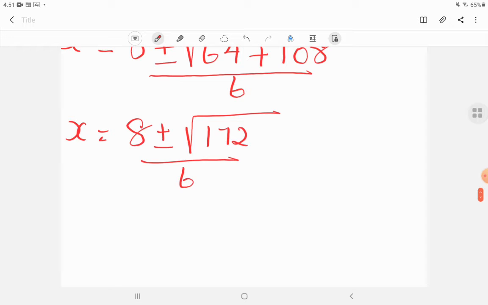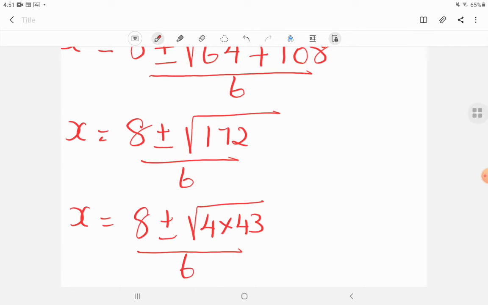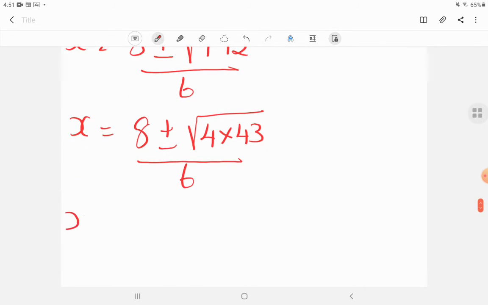Now we can simplify this value, because 172 is not a perfect square. We can write 172 as 4 times 43, because 4 is a perfect square. So we can take the square root of 4 as 2.